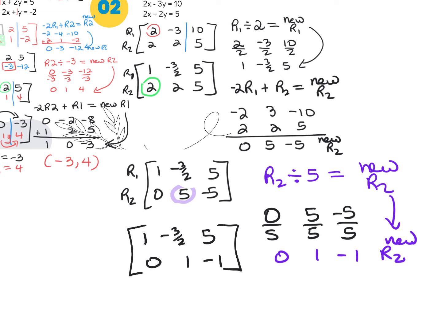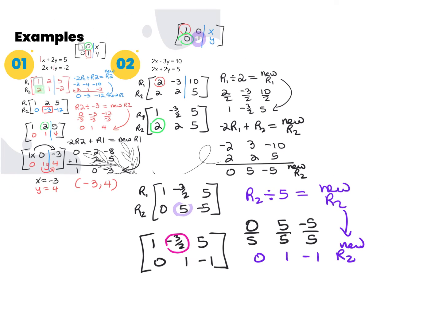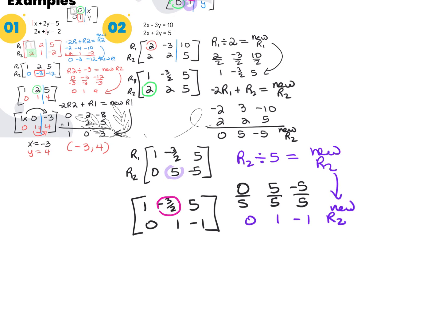Next, we want to change the negative 3 halves into a 0. And in order to do that, I'm going to multiply the row that I just made a 1 by positive 3 halves.